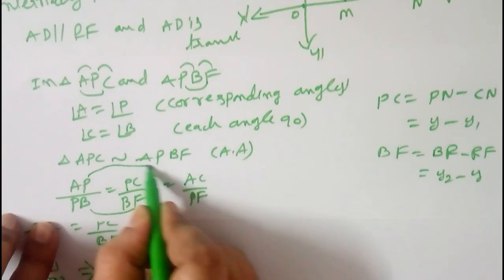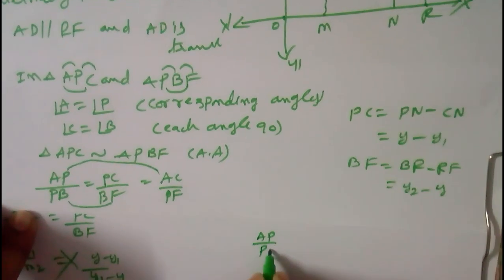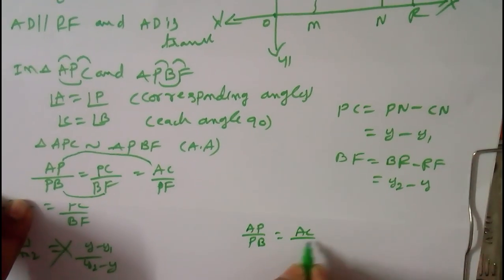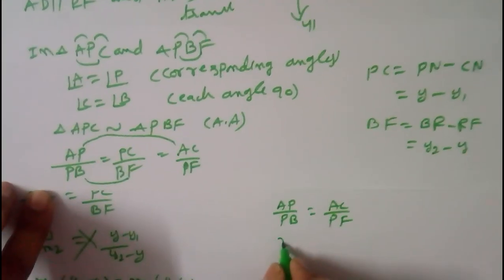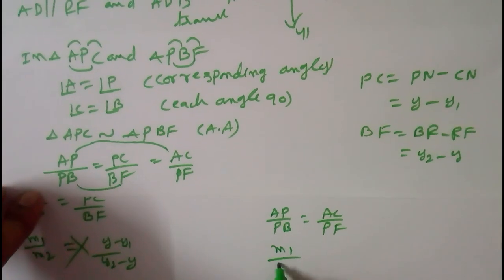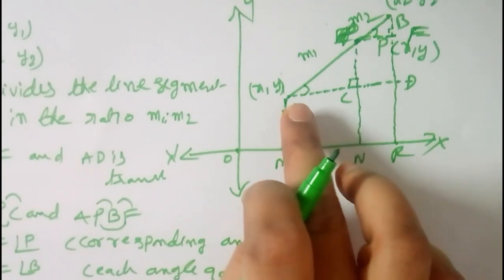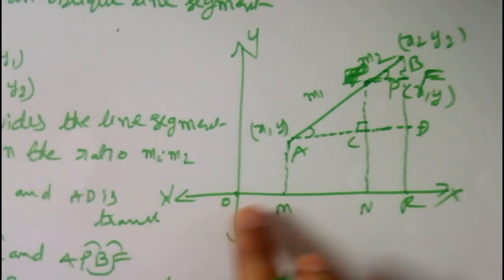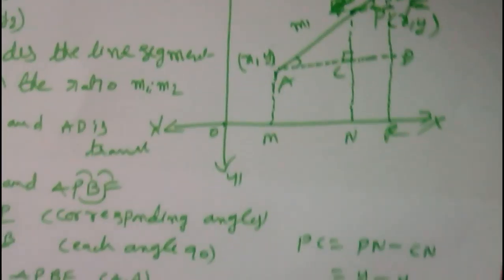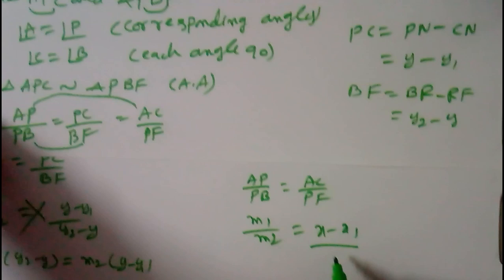Now in the same way, if you consider these two, AP by PB is equal to AC by PF. AP by PB is M1 by M2. Now what is the AC value? AC is ON minus OM, that is X minus X1, by PF.